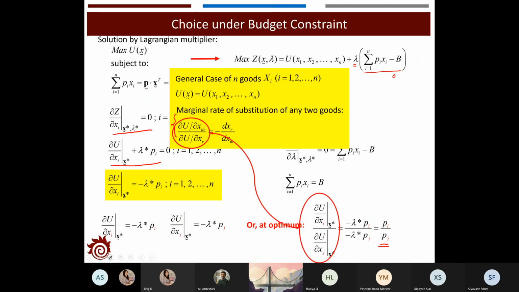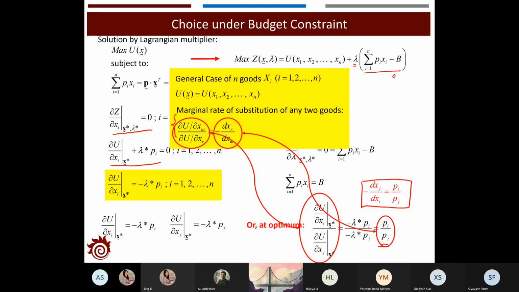And with that, we can further simplify this conclusion. So this will indicate that the ratio of dxi and dxj will be related to the ratio of pi and pj.